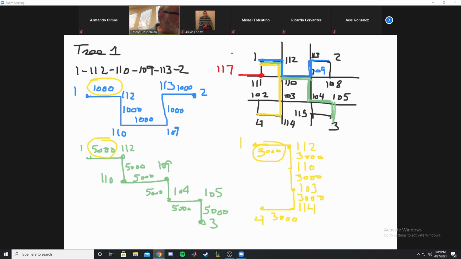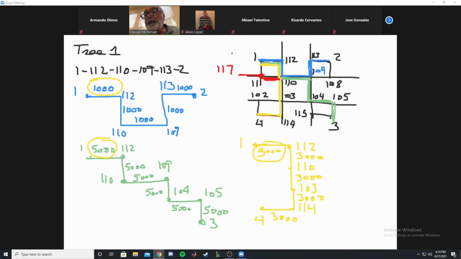There's a 111 to 110, the next column. So 111 to 110 is this link. You have to figure out among all those 12 trees, how much would be between 110 to 111.